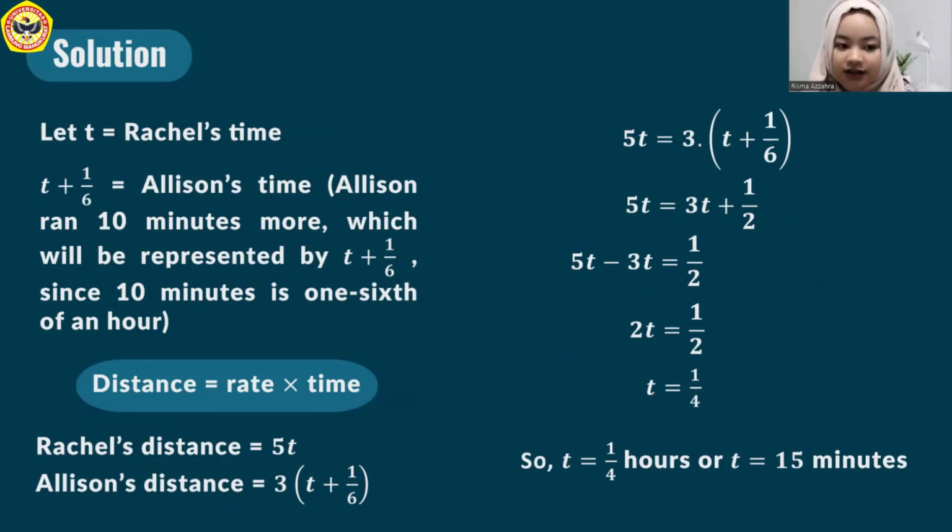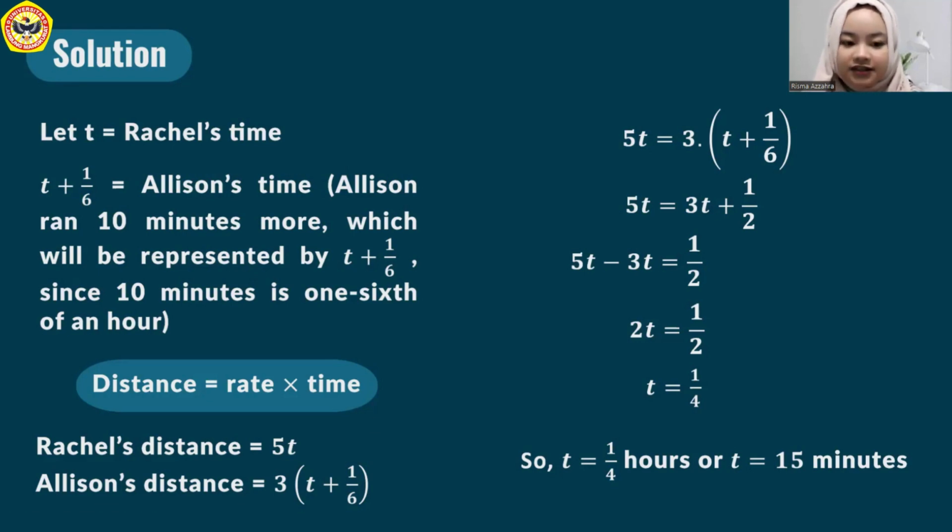So since 10 minutes is 1/6 of an hour, we have this equation: distance equals rate times time. So Rachel's distance is 5t. Allison's distance is 3 times open bracket t plus 1 over 6.